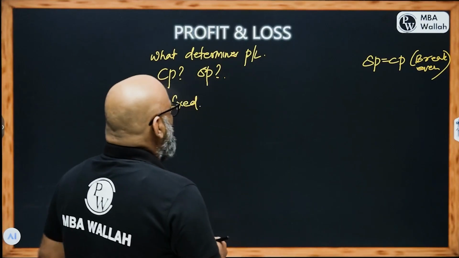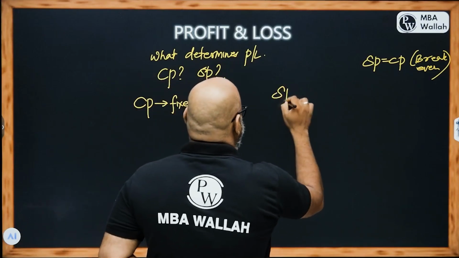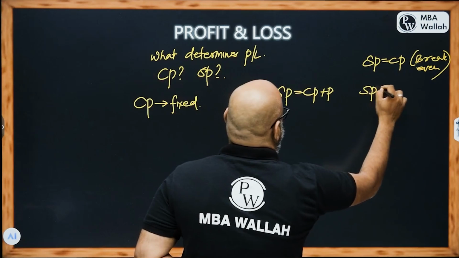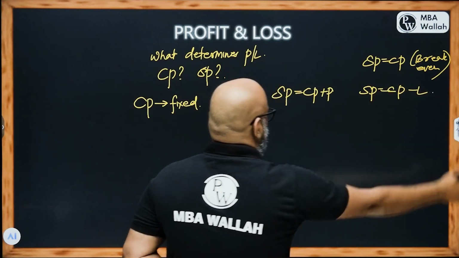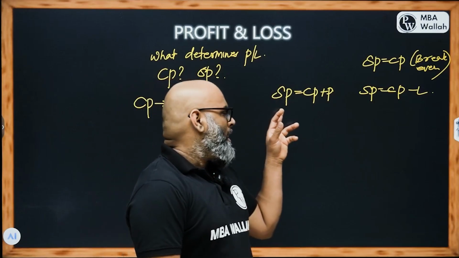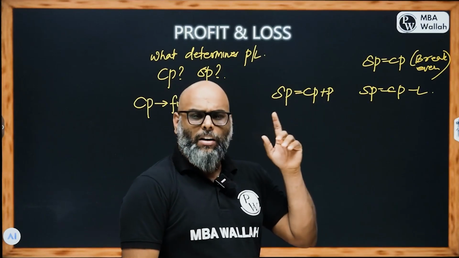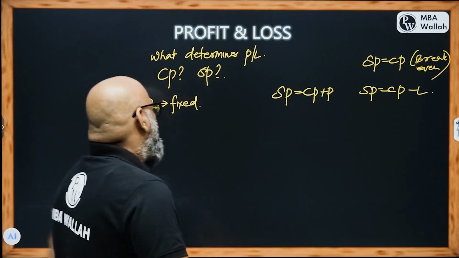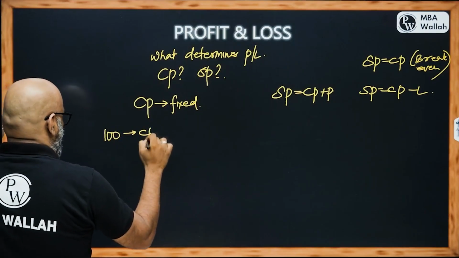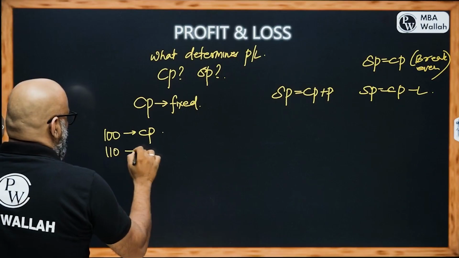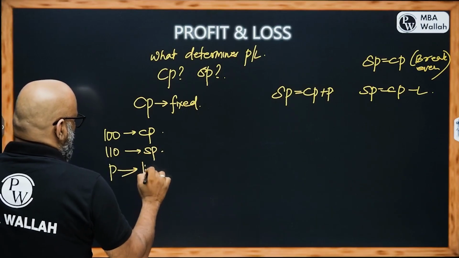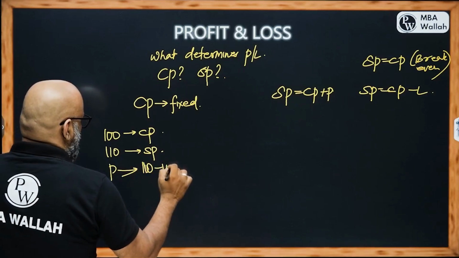That's why every time we write an equation, we say SP is equal to CP plus profit, or SP is equal to CP minus loss. You look from the selling price perspective, but then you do every calculation with cost price. For example, if I buy something for 100 and then sell it for 110, you say profit is 110 minus 100.